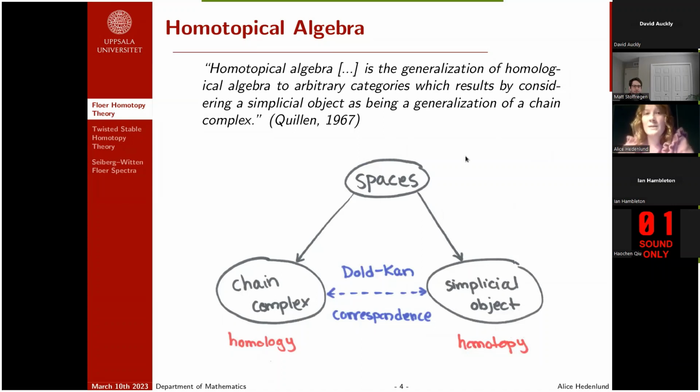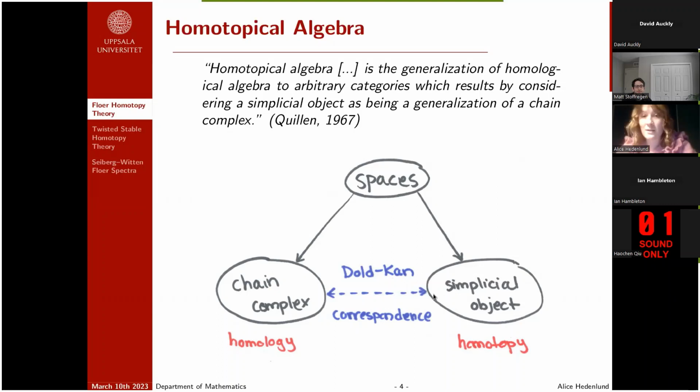And here, when he says that a simplicial object is a generalization of a chain complex, he's implicitly referring to the Dold-Kan correspondence, which I've made slightly vague here. What the Dold-Kan correspondence really says is that there's an equivalence of categories between non-negatively graded chain complexes and simplicial abelian groups.